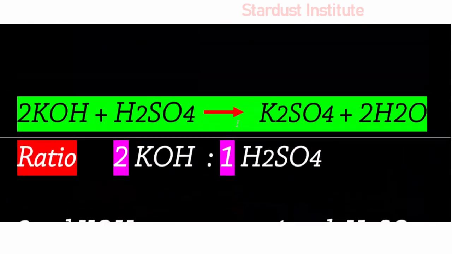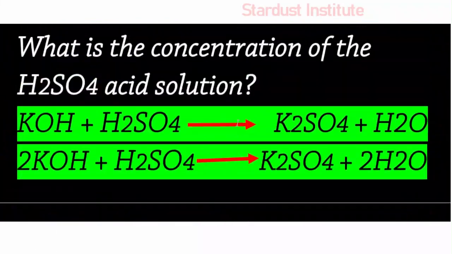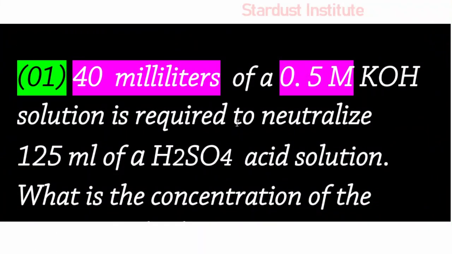We know 40 milliliters of a 0.5 M KOH solution is required to neutralize 125 milliliters of a sulfuric acid solution.